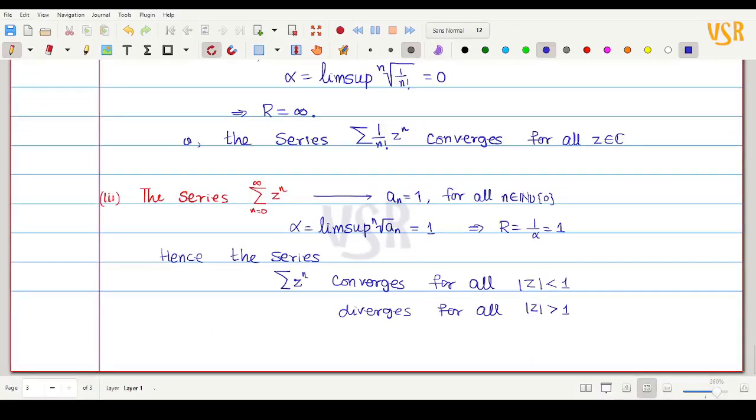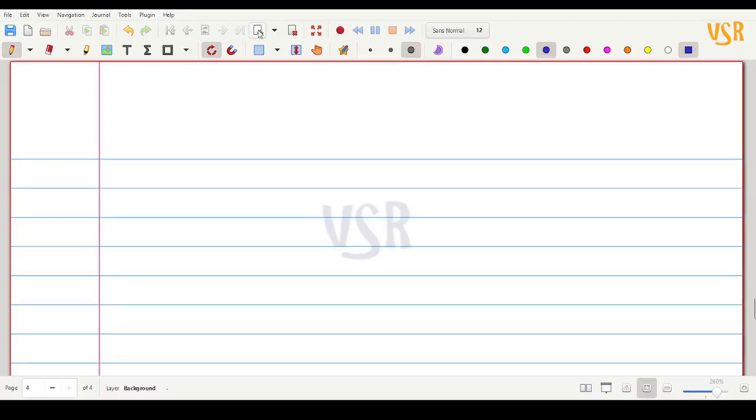Page 2. Okay, next நாலாவது question, so we'll go for fourth.